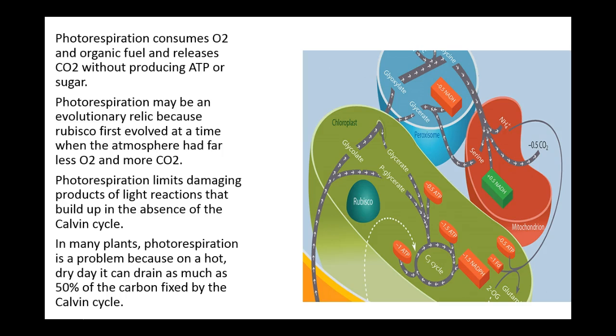There are 3 carbons go into the C3 cycle, 4 into the C4 plants, and then the CAM plants are so named, and we'll find out why that's named that way. But what happens here is you actually have kind of a byproduct that goes through a peroxisome and then into the mitochondria. And many problems with this is because it drains much of the fixed carbons. It also uses ATP.